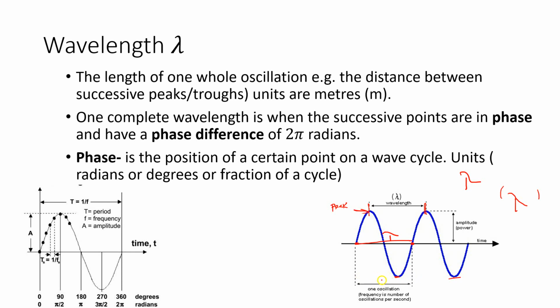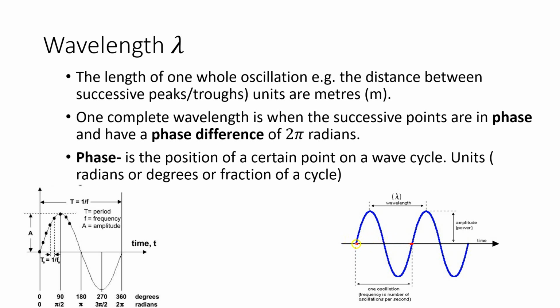Now, one of the most important things that we have to understand here is that we complete one wavelength when two successive points are in phase and have a phase difference of 2 pi radians. So in order for us to consider a wavelength, firstly, the points must be in phase with each other.